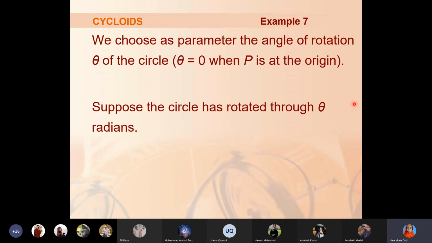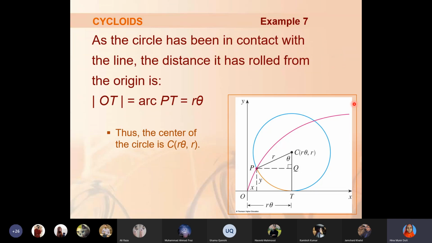Now, we choose as parameter the angle of rotation theta of the circle. That is, theta is equal to 0 when P is at the origin. Suppose that the circle has rotated through theta radians. As the circle has been in contact with the line, the distance it has rolled from the origin is OT, equal to arc PT, equal to R theta.